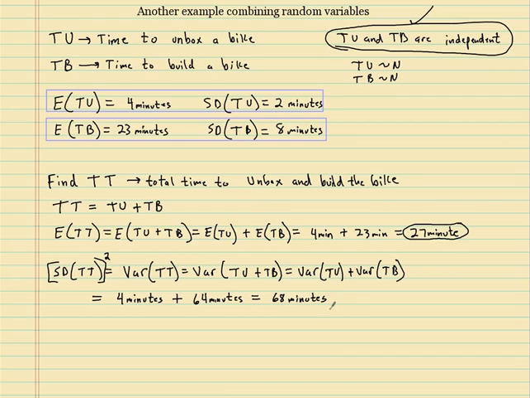Okay, so now I want to find the standard deviation. The standard deviation of the total time equals the square root of 68 minutes. It's going to be a little over 8, which makes sense, because the standard deviation of the build time is 8, so it's going to be a little bit more.